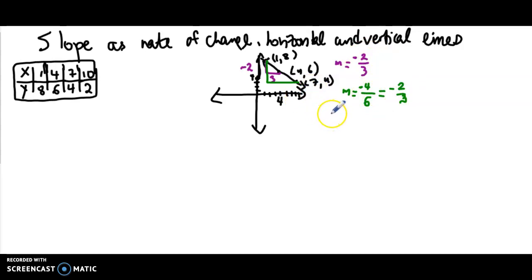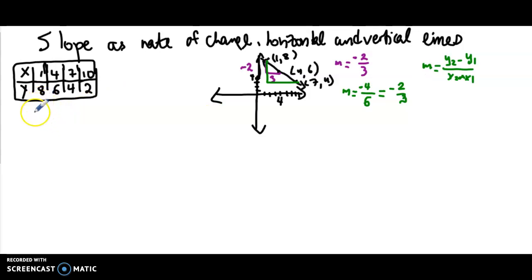Now, let's calculate the slope by using the slope formula. If you remember from the past, the slope formula is y2 minus y1 over x2 minus x1. So the formula never changes. The ordered pairs can be different. So we have a bunch of ordered pairs here. We only need 2.